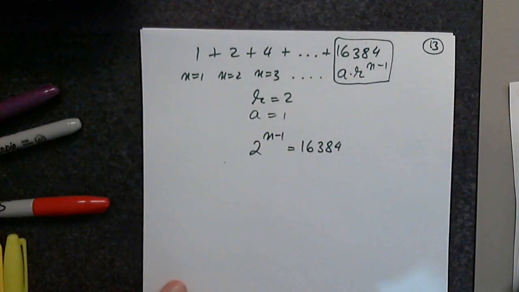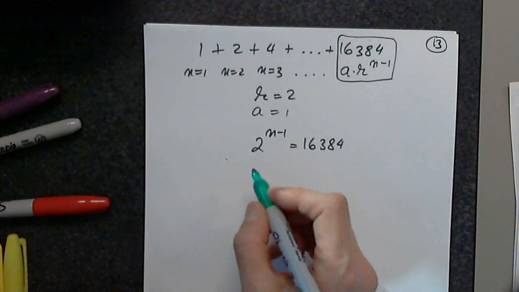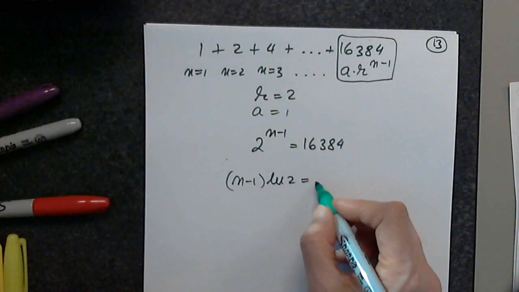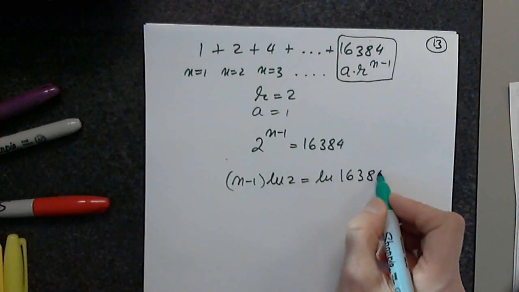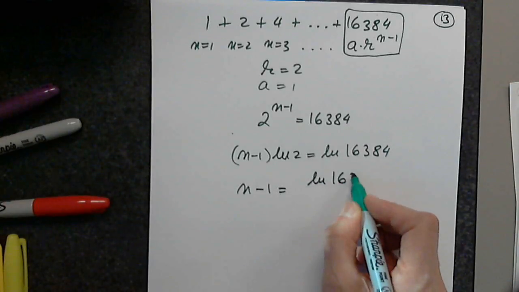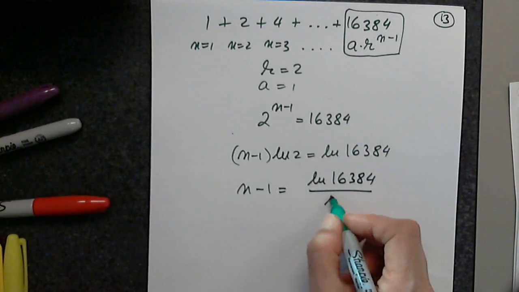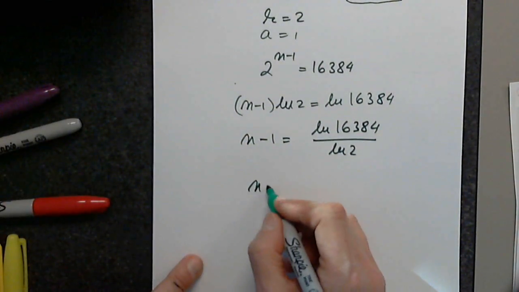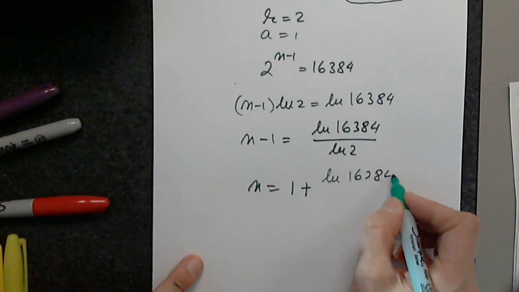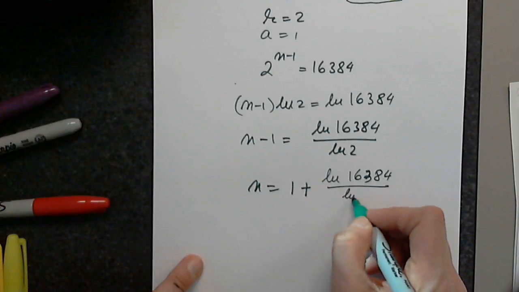Careful. So then we apply natural log. We have n minus 1 times natural log 2 equals natural log 16384. So n minus 1 equals natural log 16384 divided by natural log 2, and then n equals 1 plus natural log 16384 divided by natural log 2.